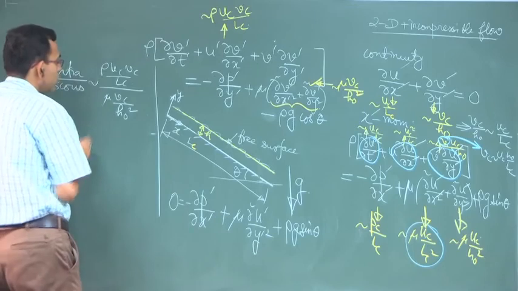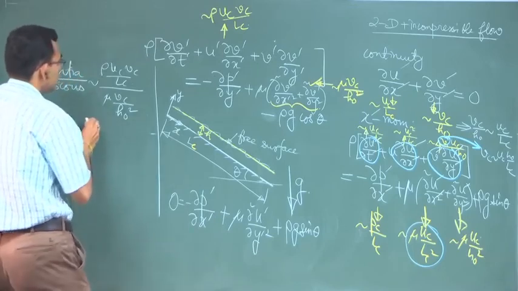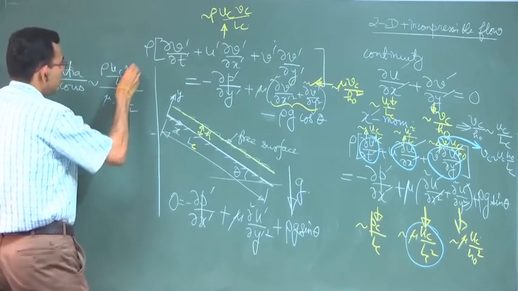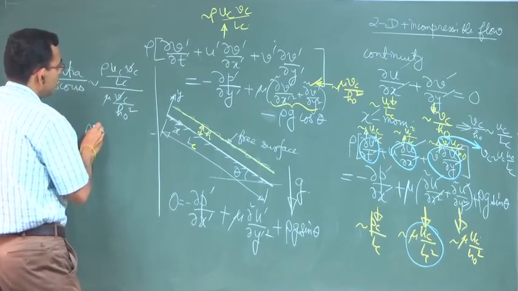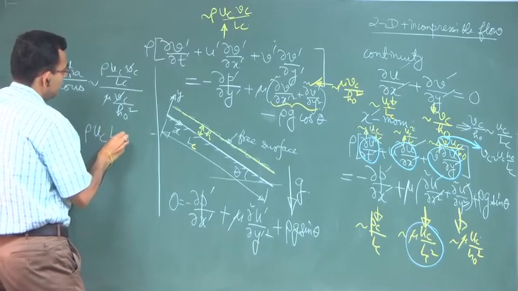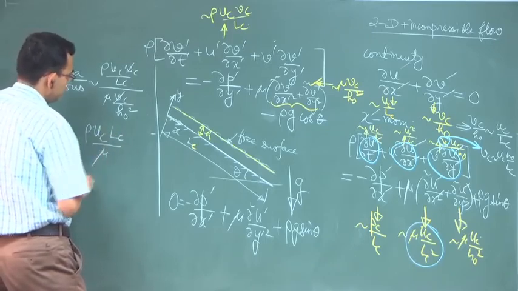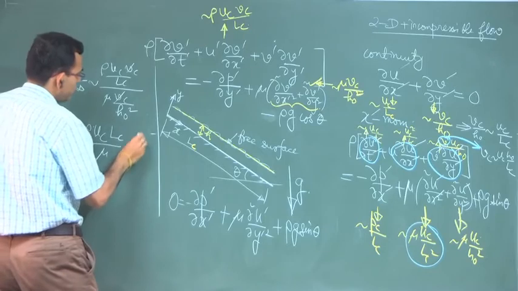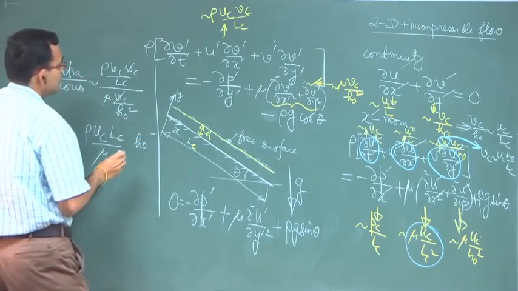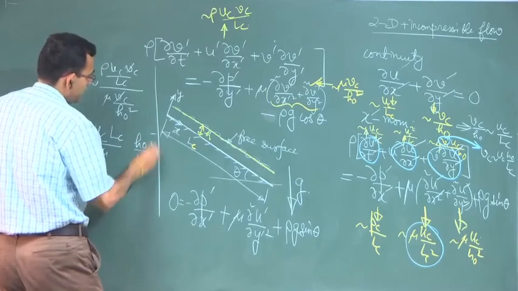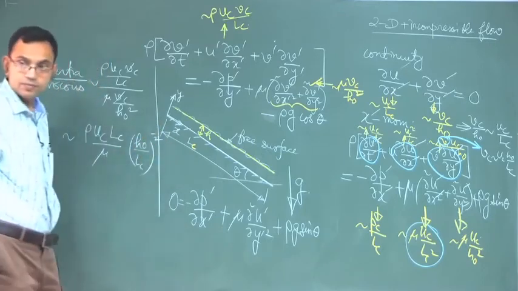So, you can get Vc cancel, and this is of the order of rho Uc Lc by mu into H naught by Lc whole square, right.